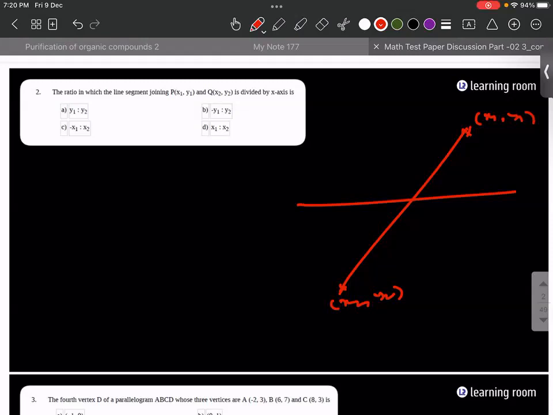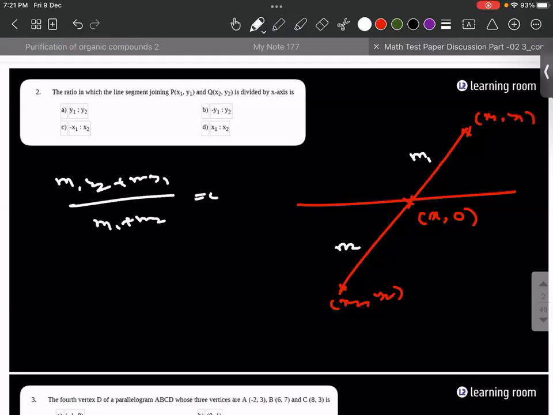So is the answer B, sir? How did you get it? I used the formula, sir. If I take this as m1 and m2, this point will be (x, 0), for instance. Then the y coordinate should be 0. So (m1 y2 + m2 y1) divided by (m1 + m2) should be 0, because the y coordinate is 0.